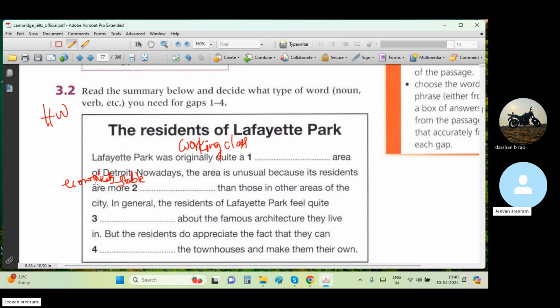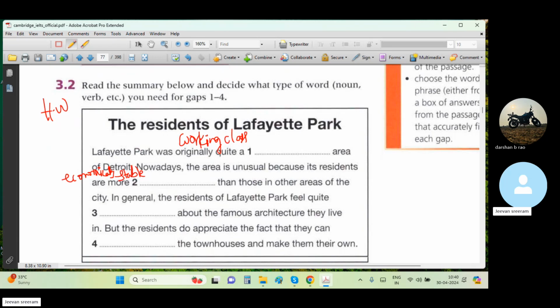Economically stable than those in other areas of the city. In general, how did the residents of Lafayette Park feel?